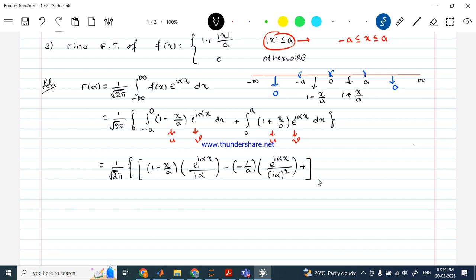Stop the process, substitute the limits, minus a and 0. Now do the same thing with respect to the second interval. Second integral, so it is 1 plus x by a into integration of e power I alpha x, that's e power I alpha x by I alpha, minus 1 by a into e power I alpha x by I alpha whole square. Let's close the bracket, 0 to a.